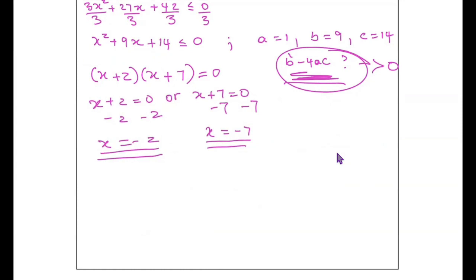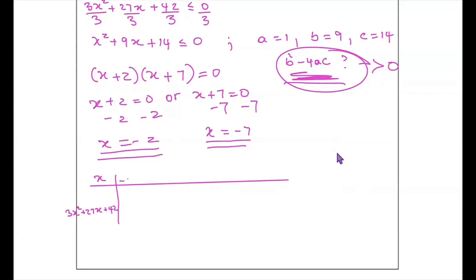Then we can set up the table to evaluate the sign. So that's x, and that is the expression 3x squared plus 27x plus 42. We will try to see where it's positive, where it's negative.